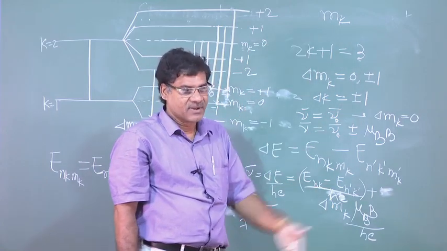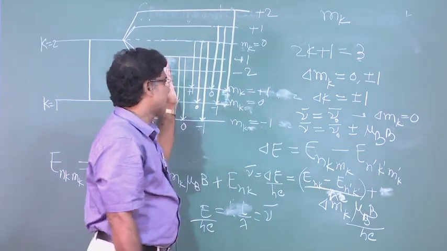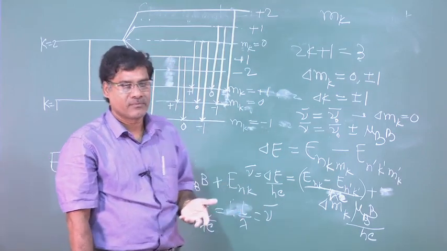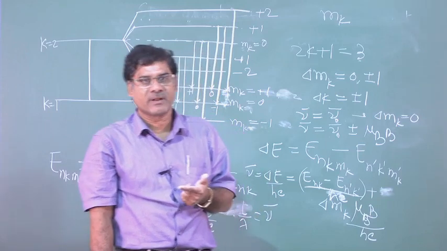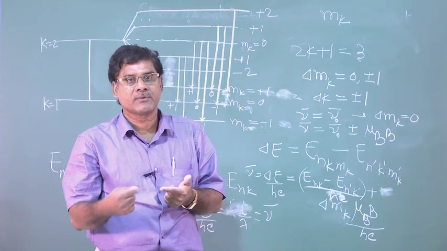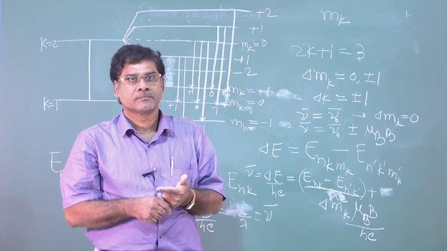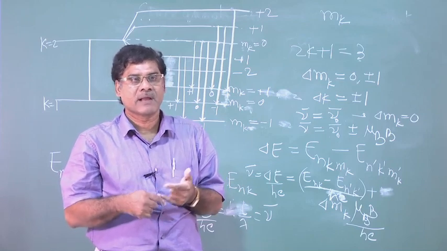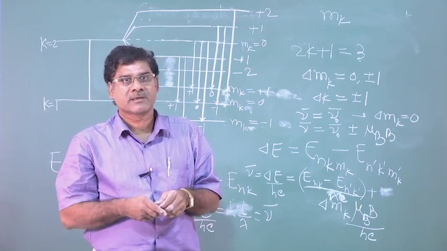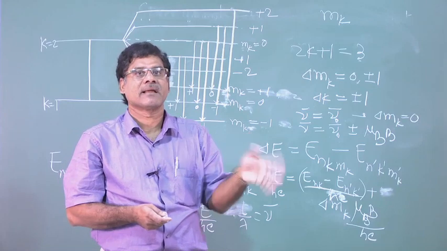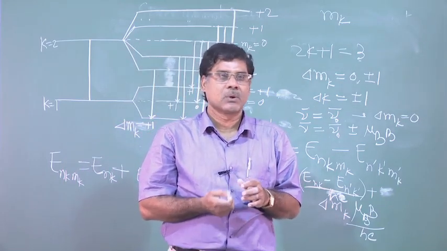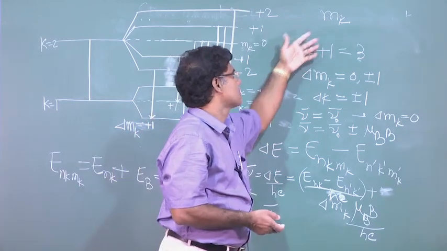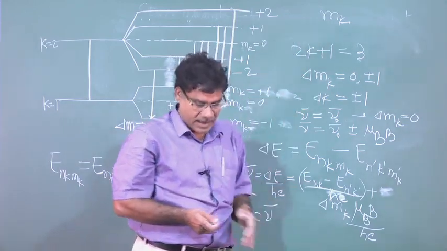In that case, it depends on the spectral lines, on the n k value. Depending on that, one spectral line under a weak magnetic field is split into a different number of lines. It can be 4, it can be 6, etc., but more than 3 lines. That also one cannot explain.